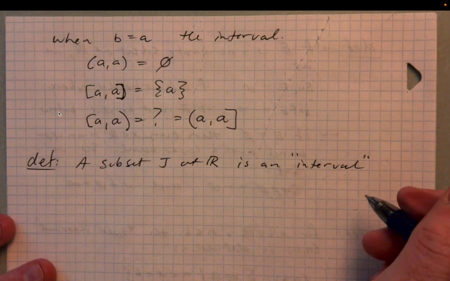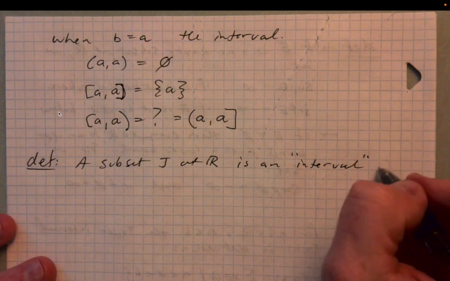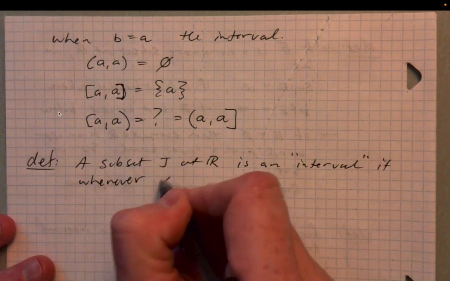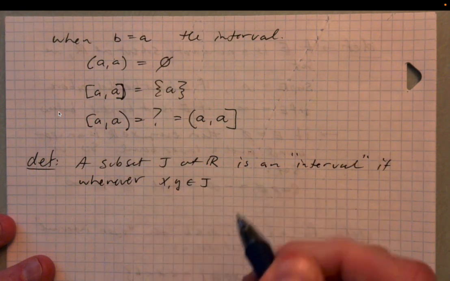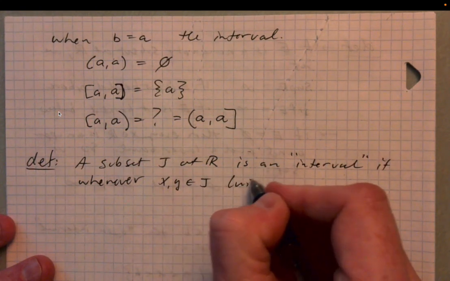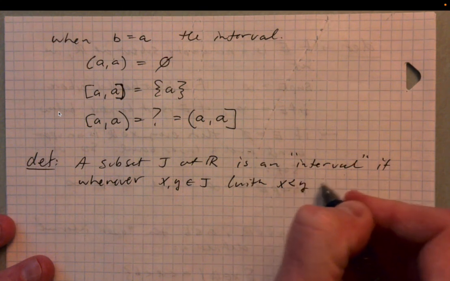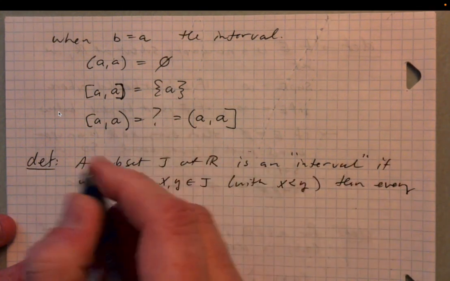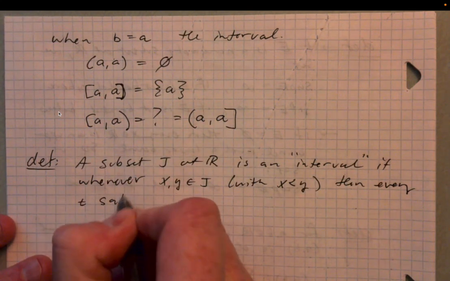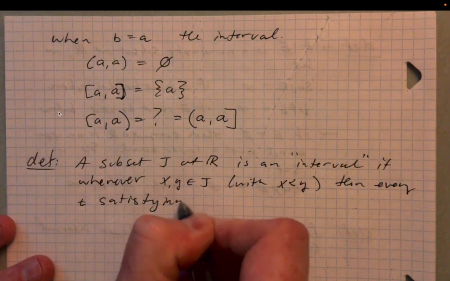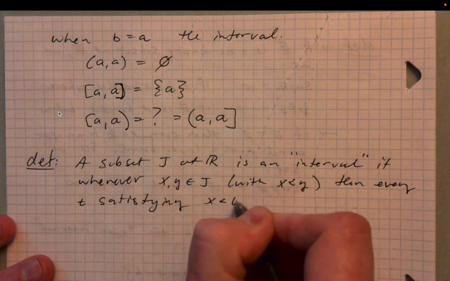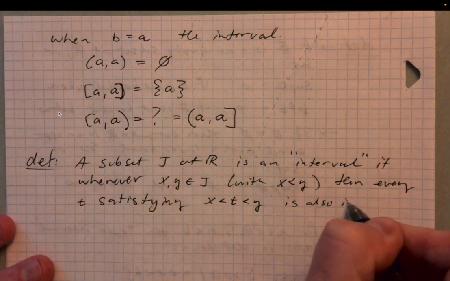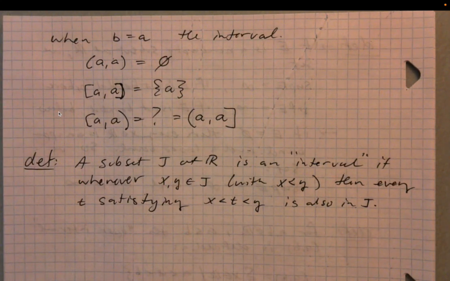A subset J of R is an interval if whenever x and y are in J, with x less than y, then every t satisfying x less than t less than y is also in J. So that's intuitive, I hope.